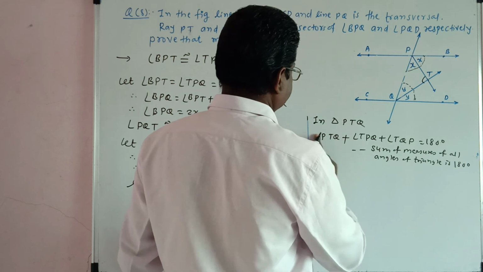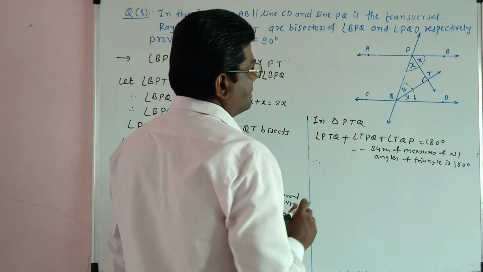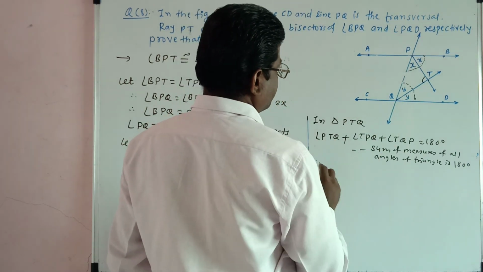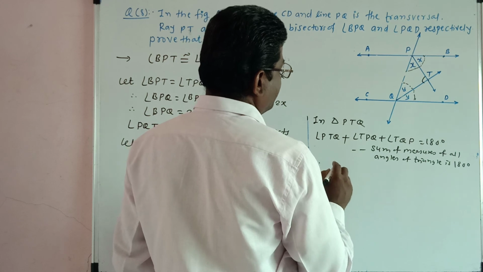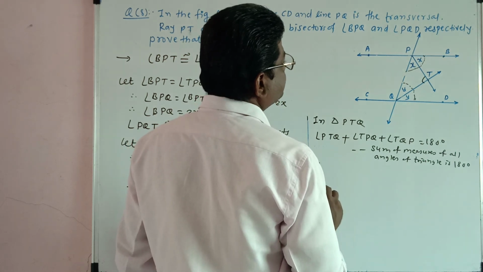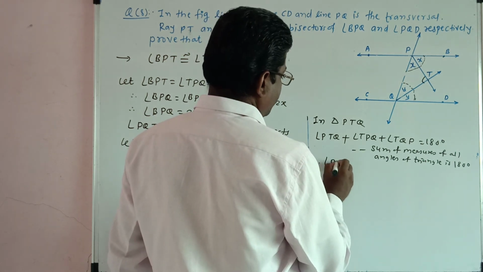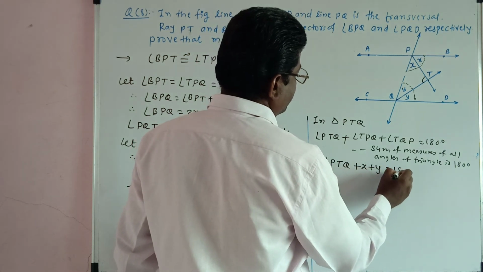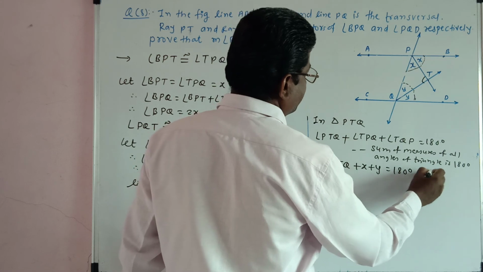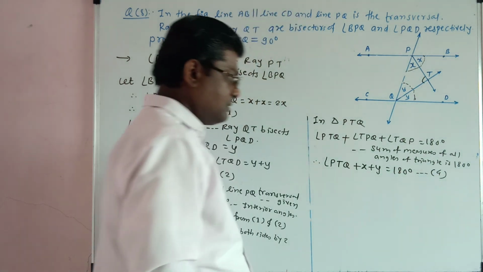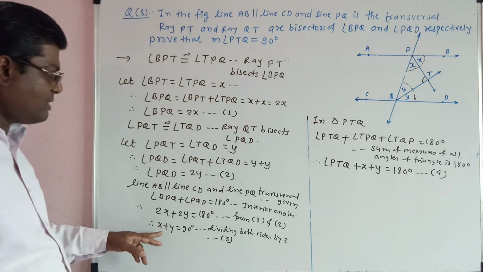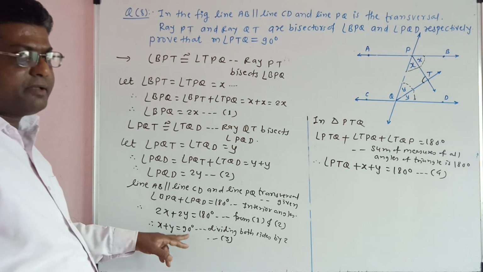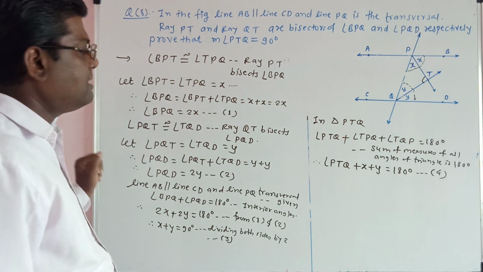Therefore, now these two angles are x and y. So angle PTQ plus x plus y is equal to 180 degrees. This is equation number 4. From equation 3, x plus y is equal to 90 degrees.